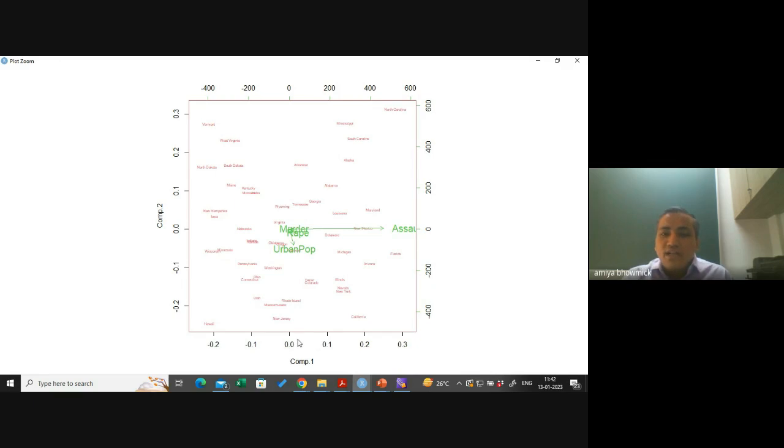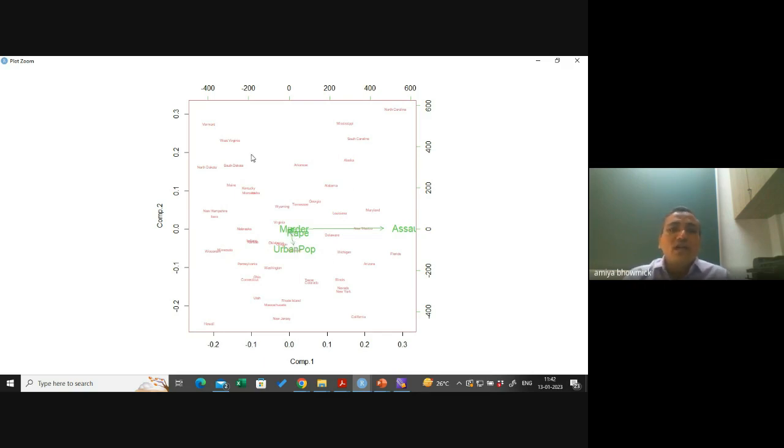So if we write down principal component 1 as a linear combination of these 4 variables, then Assault's coefficient is going to be very high, whereas Murder, Rape and the other variables will have very small values. And this UrbanPop is also going to have a very small value.